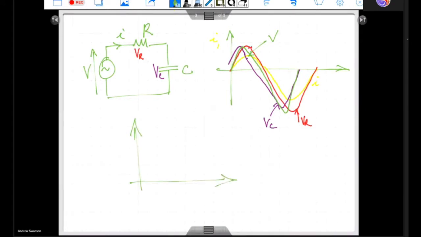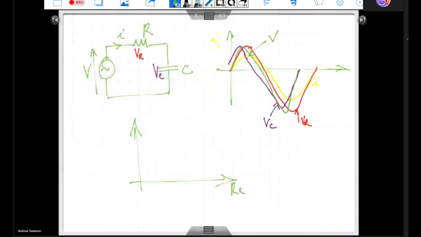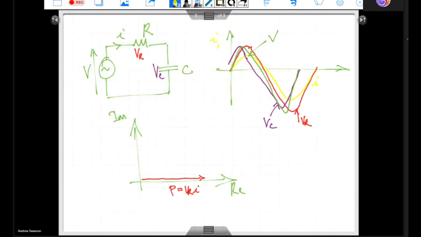Let's have a look at our powers. Right, so we start with our real power. P equals V_R I. They're vectors, so I can add our reactive power over here.